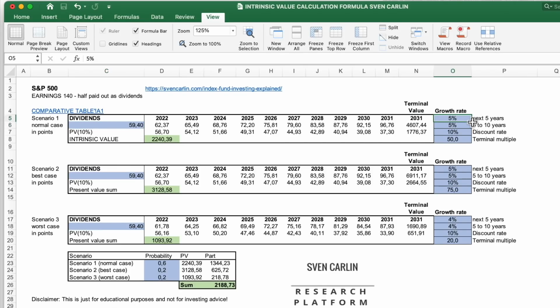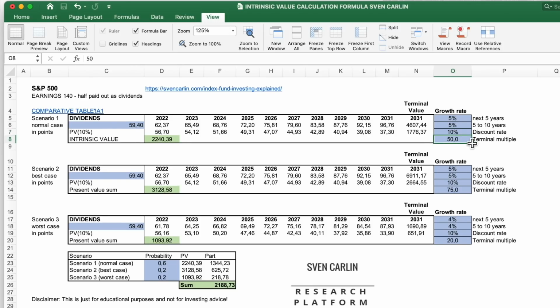I have estimated 3% of inflation, 2% growth rate for the dividend alongside, let's say, recessions when the growth might be 0, a little bit faster in really good years. So this is an average over time. A discount rate of 10%, which is my required return on investment, we'll discuss that later.